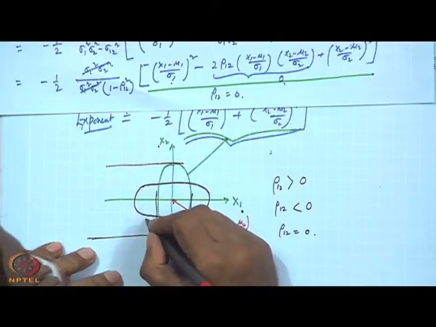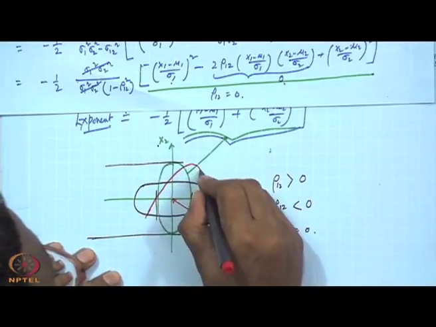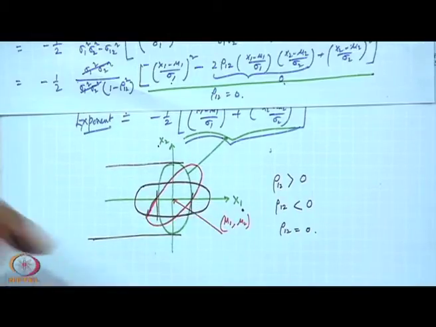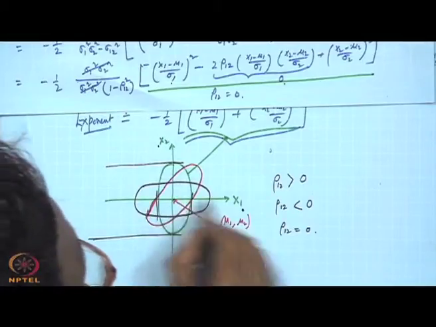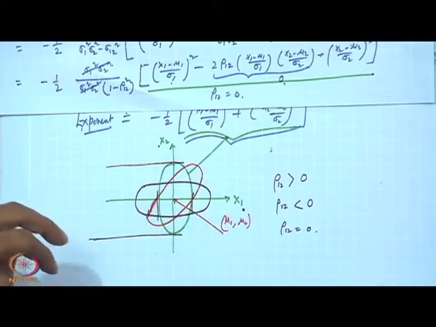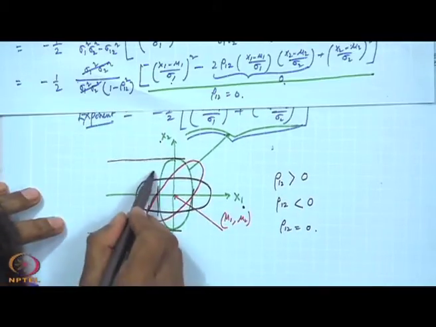So, it will be inclined like this, because the major and minor axes of the ellipse are not parallel to the original x 1 and x 2 axes. So, as this one is increasing, this is also increasing. The other way, when it is less than 0, it will be just the reverse.